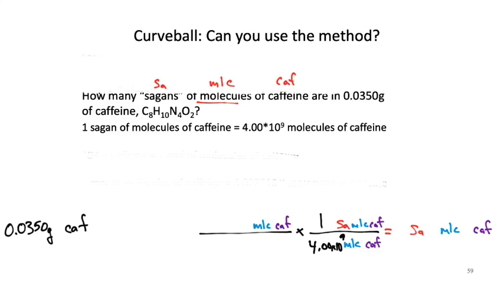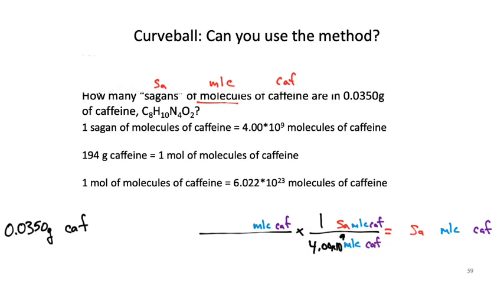Okay? Am I given just the molecules of caffeine? If we've done this right and we need to use them all, we should only use them once. So I'm going to cross this one off because I've already used it. Am I given just the molecules of caffeine? Here's molecules of caffeine.